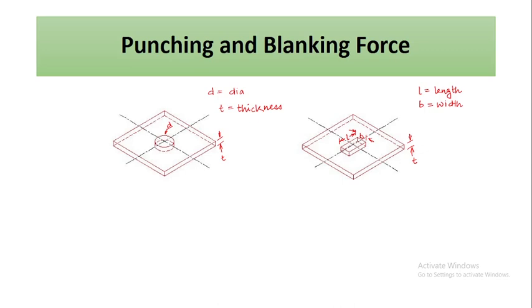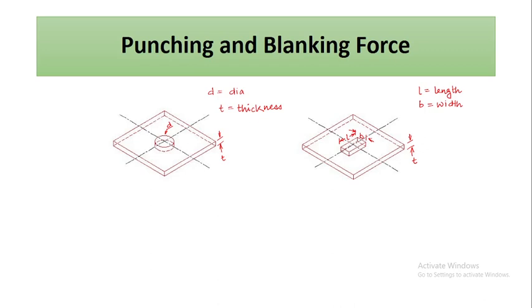What is the function of the flywheel? The flywheel stores the energy when it is not required, and it provides the energy during the shearing action in the punching or blanking process.